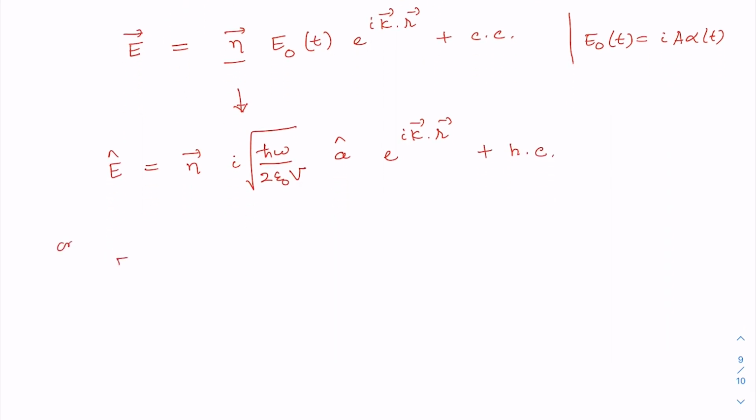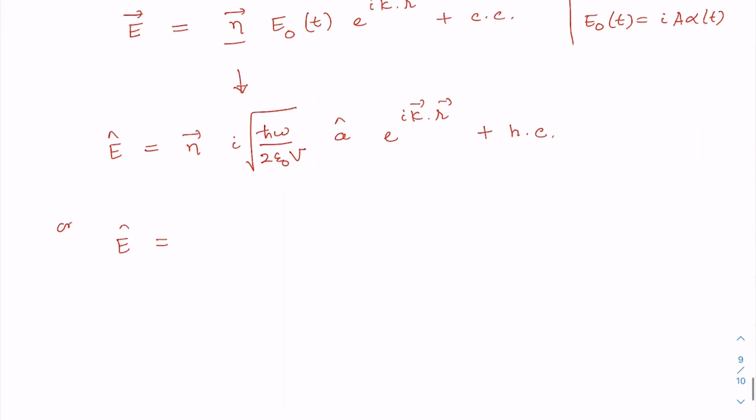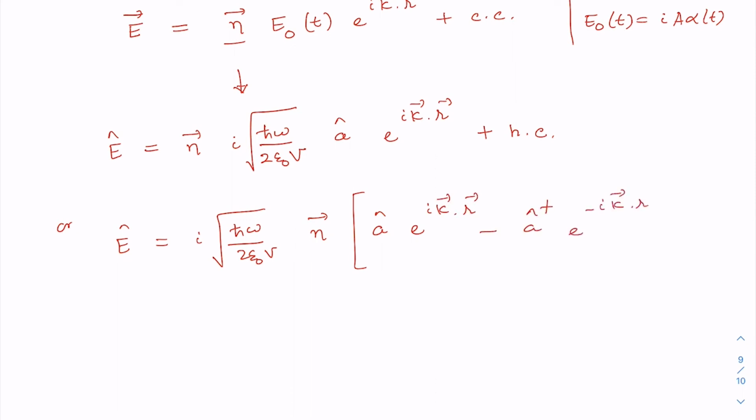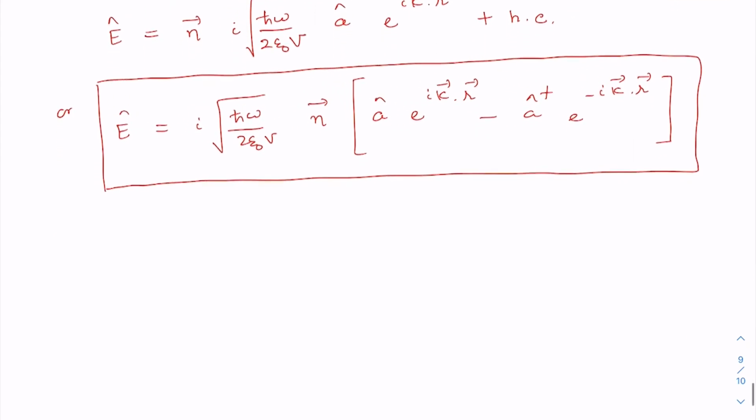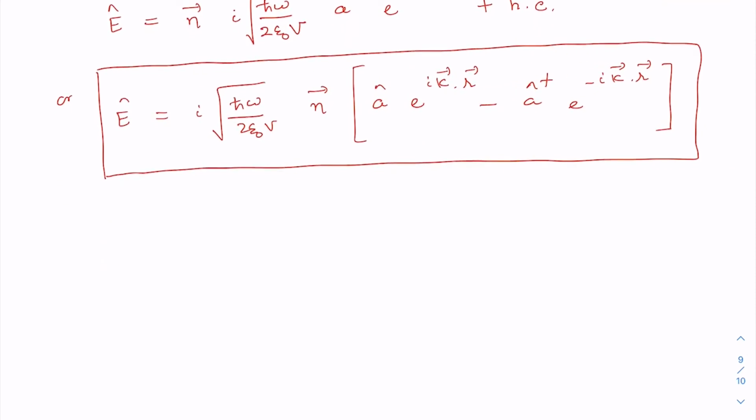Or I can write it as e cap I h cross omega twice epsilon 0 v under root, then this polarization direction. So let me write the full form: a e to the power I k dot r minus a dagger e to the power minus I k dot r. So this is the operator form of the electric field, and you can easily check that this is a Hermitian operator, and it has to be, because electric field represents observables.